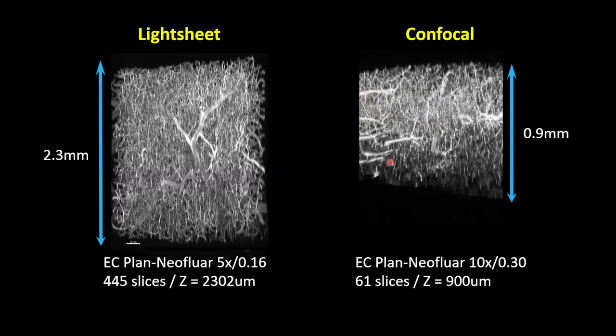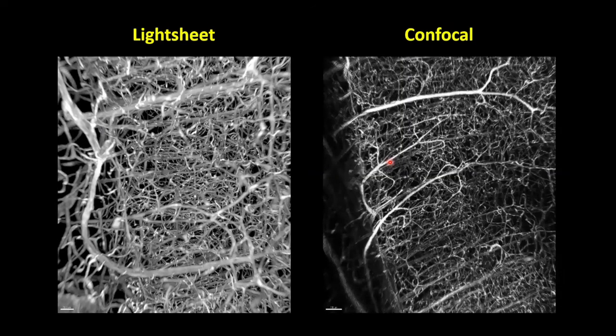So for example, on the left is showing you the lectin-perfused mouse brain blood vessels. The light sheet can image much deeper, in this case 2.3 millimeters. However, the confocal can only image less than 1 millimeter in depth, and it also takes much longer. And there is much more photobleaching due to the phototoxicity to the sample.